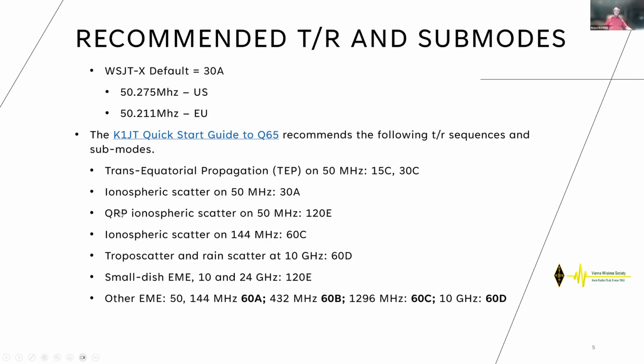If you run QRP, say 120E. When you go to 144 megahertz in general, 60C is what is recommended. And if you want to start doing more exotic stuff, there are different recommendations.